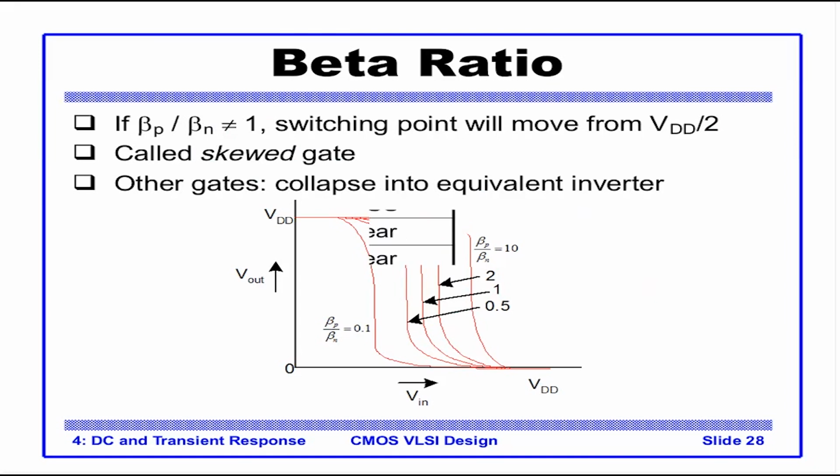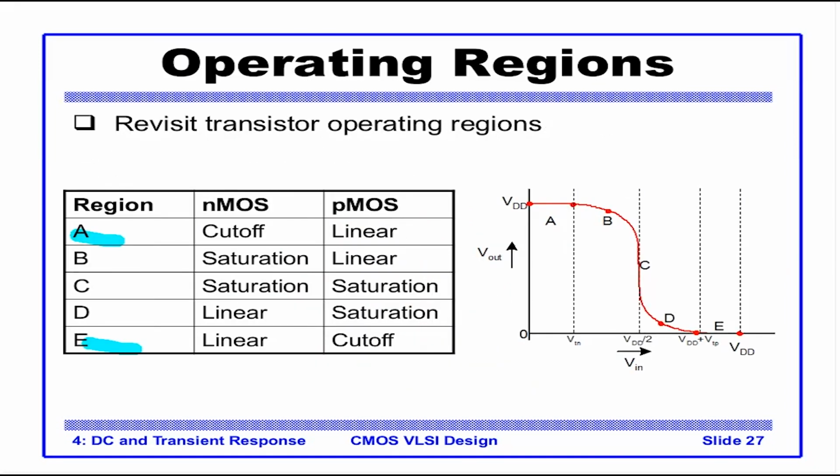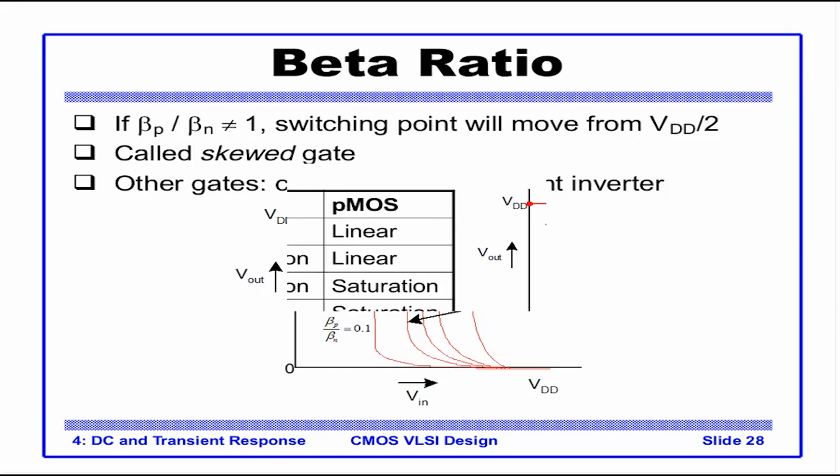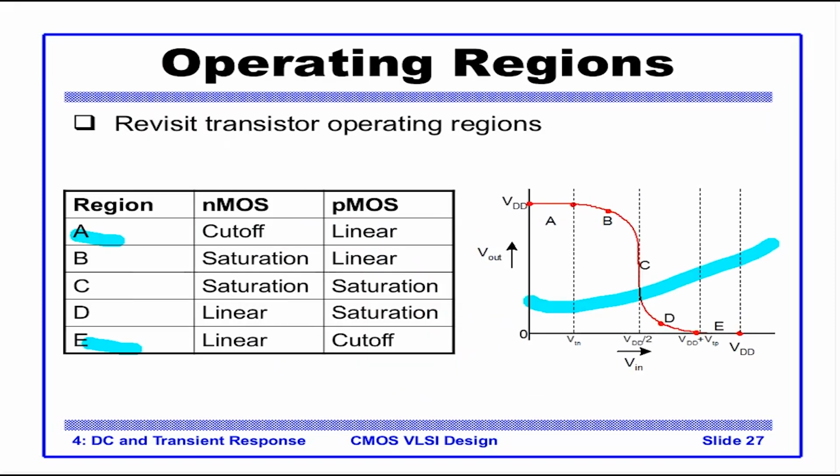Now what we will do is we will play on this curve. We will see how this curve is useful in understanding the noise margin and understanding the delay and so on. Now this curve can be skewed by playing with the beta p versus beta n value. If it is not equal to 1 — in the previous slide we saw that the switching point is very close to VDD by 2.